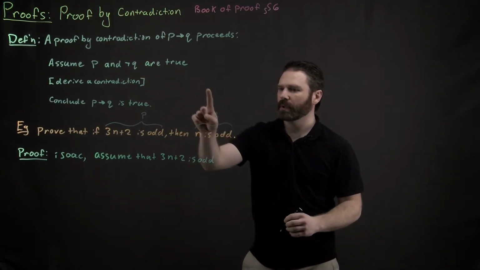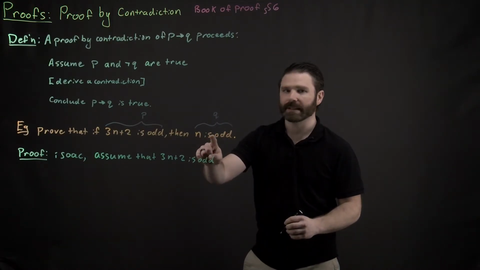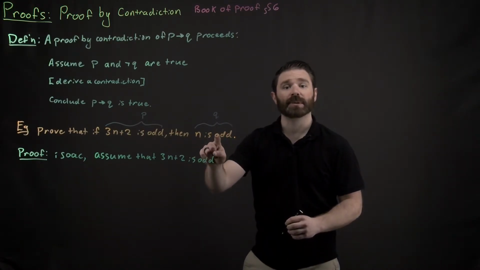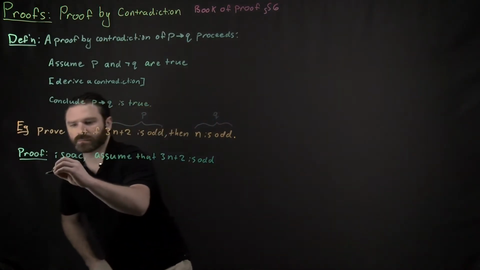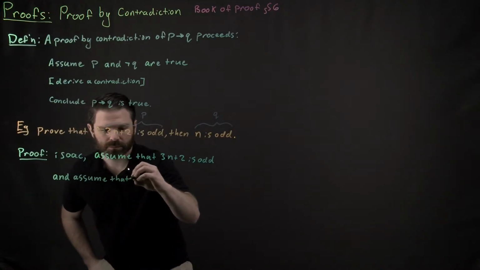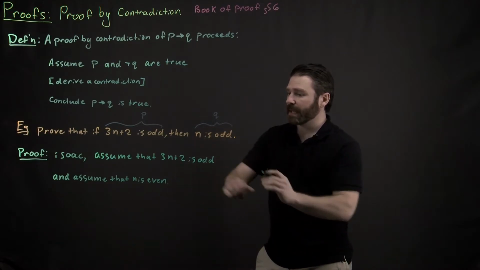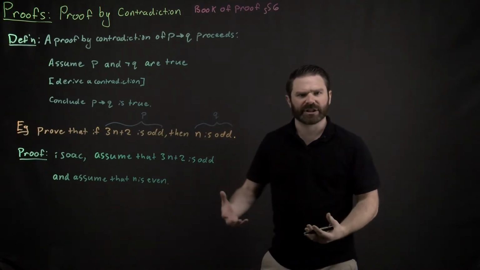And I assume not Q. So I assume n is not odd, so I assume that it's even. And somehow from this, I need to derive a contradiction.